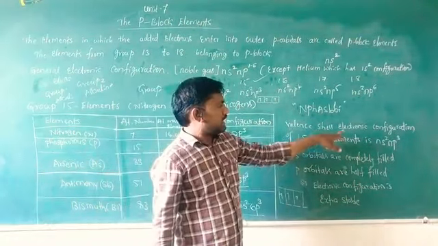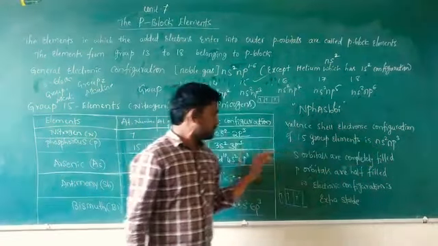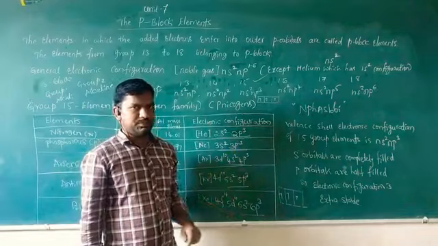The valence shell electronic configuration of group 15 is ns2 np3.